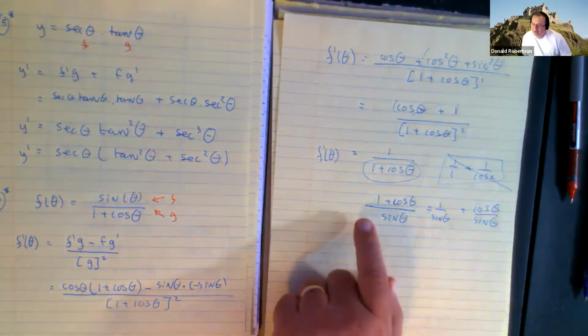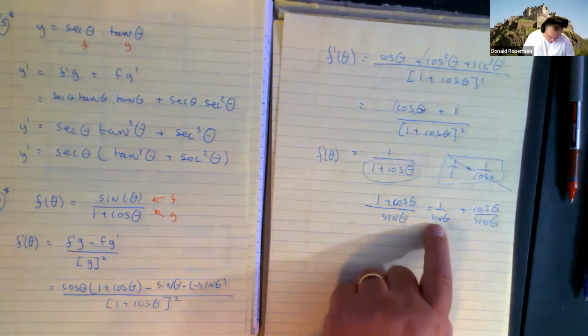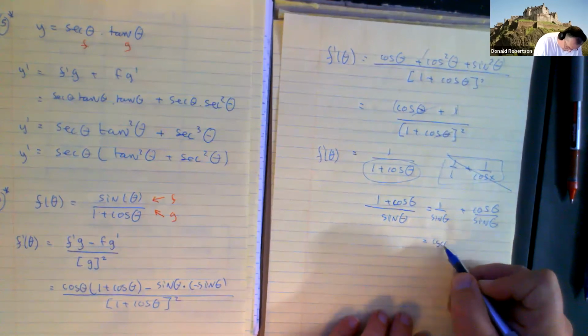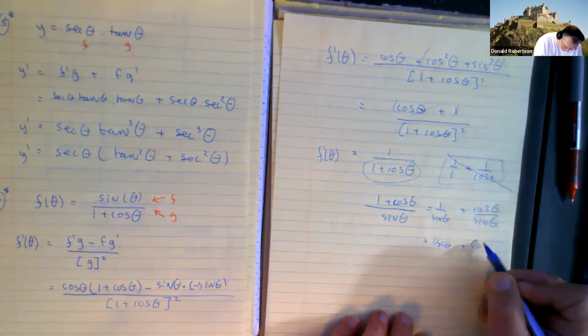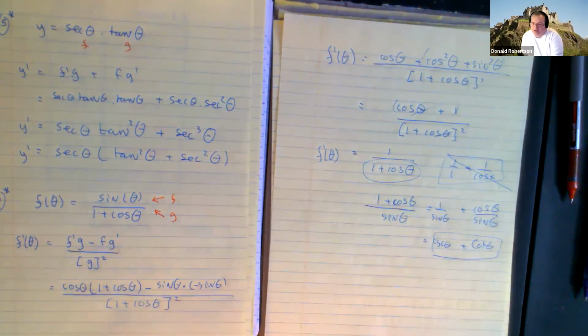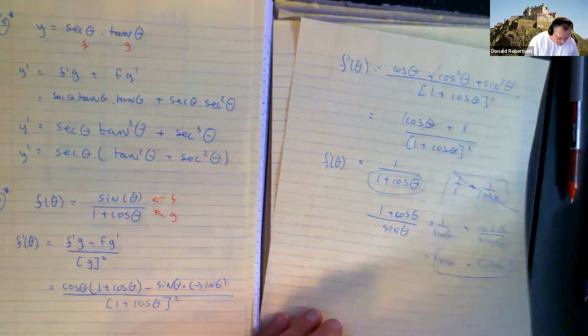You can split that fraction. So not that way around, but yes, this way around. Now, if you did this one, you would get cosecant theta, and this guy would be cotangent theta. And that would probably be a nicer looking version of that one. But nope, that's pretty much as good as it's going to go.